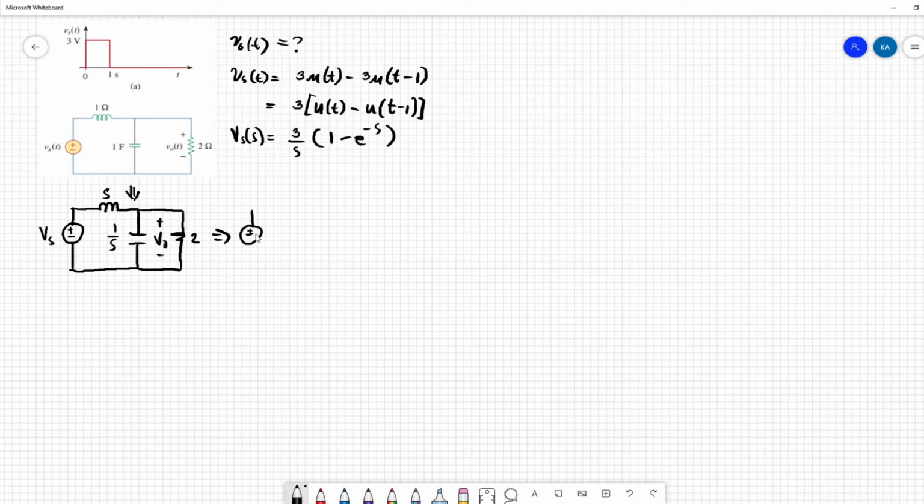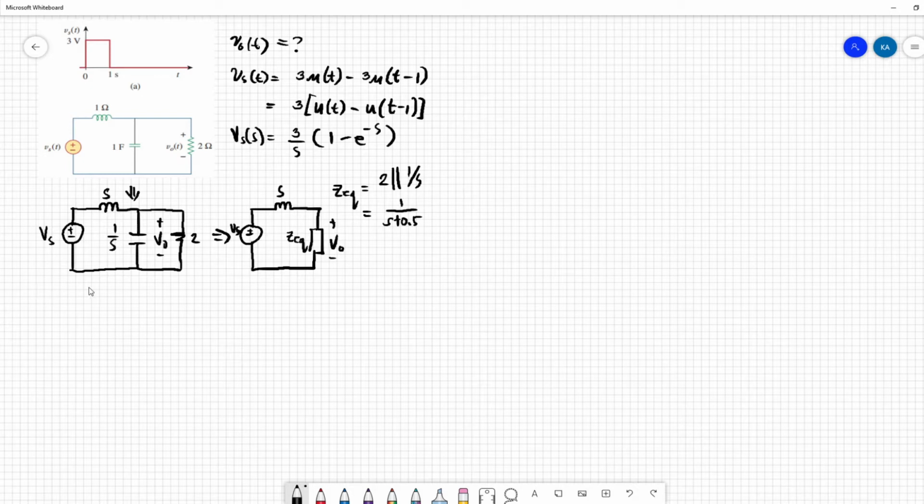We have Vs, we have Zeq, where Zeq is equal to 2 in parallel with 1 over s, equal to 1 over s plus 0.5.